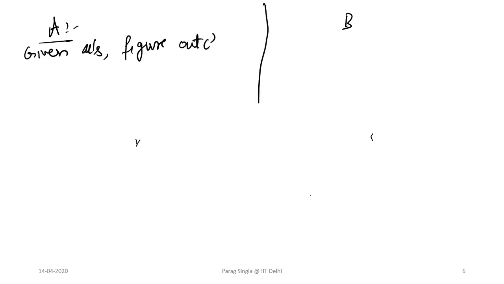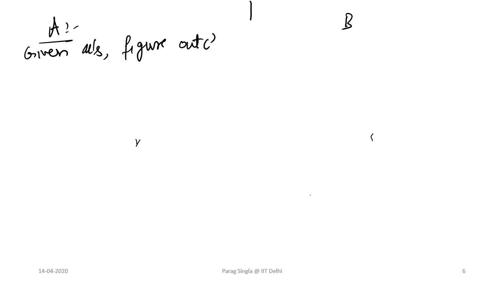Okay, so now let us figure out the details of each of these steps, A and B. That will give us the desired values of the variables. This is step A, and this is B. So this was: given the mu's, figure out the c's, and let me draw a line here.